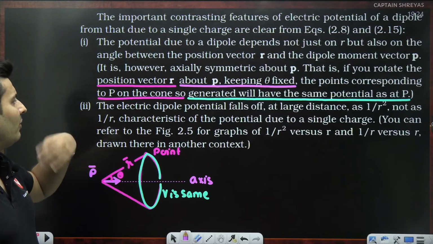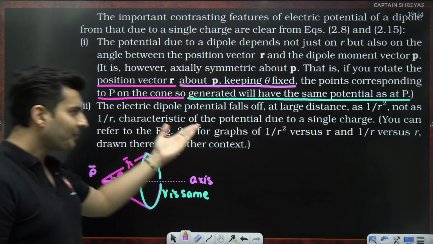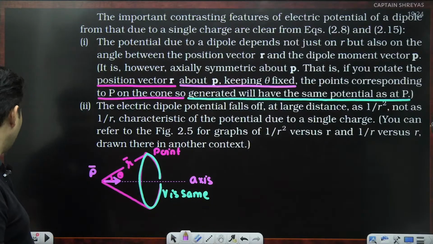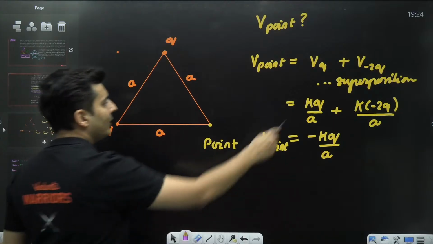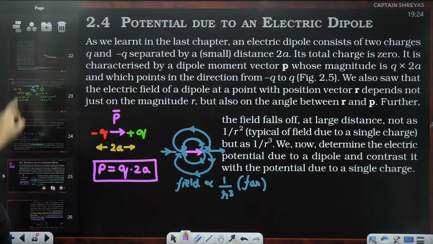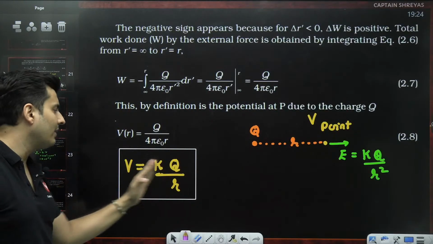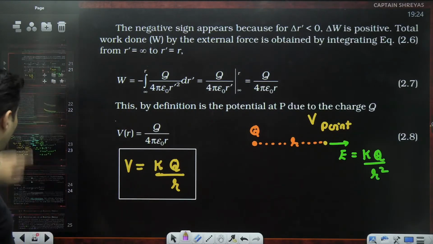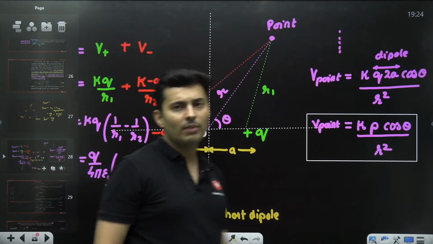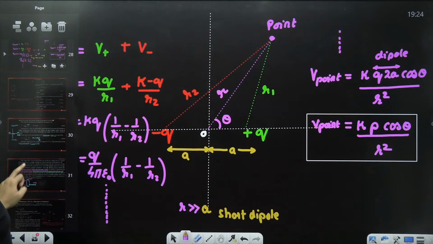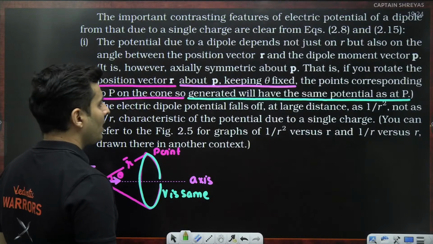The electric dipole potential falls as 1 by r square, not 1 by r, which is again what I told you some time back. See over here, the usual formula of electric potential is kq by r, everywhere kq by r. But the moment you go for an electric dipole, the power gets raised, so it is 1 by r square. So let me just mark that also.